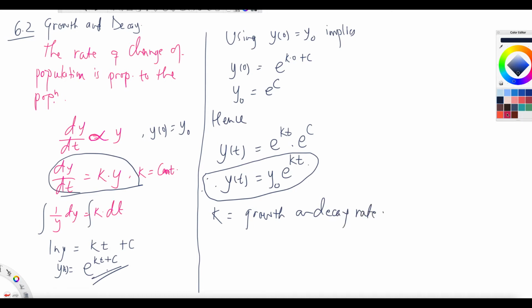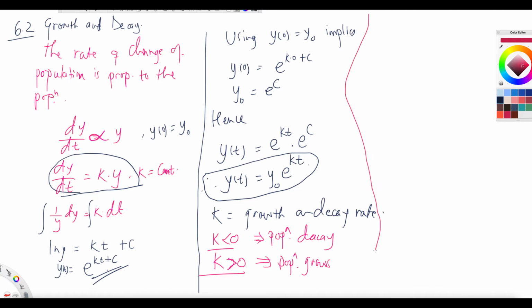If k is negative, then the population decays. As time increases, in the future the population will decay. If k is positive, the population grows.